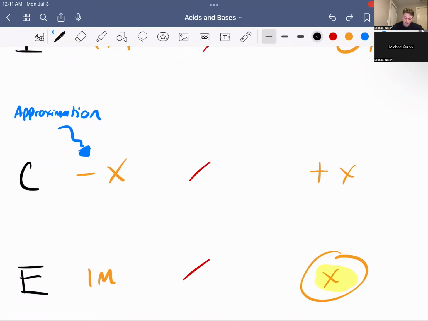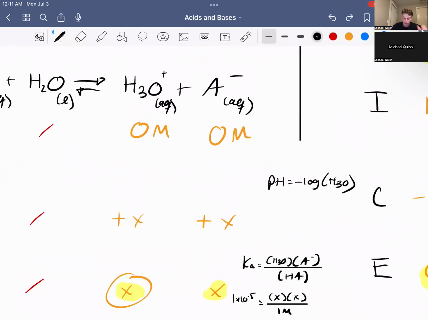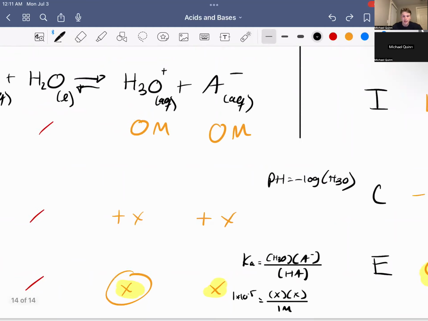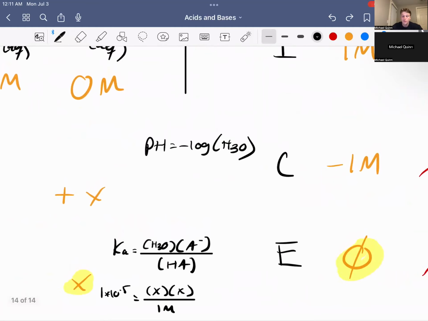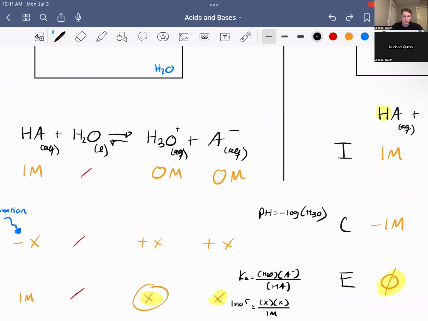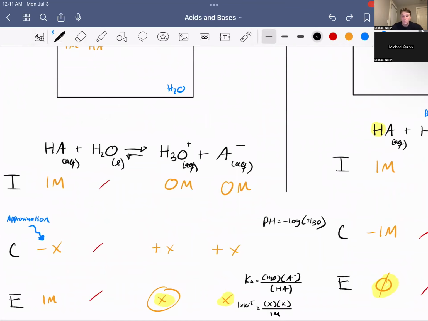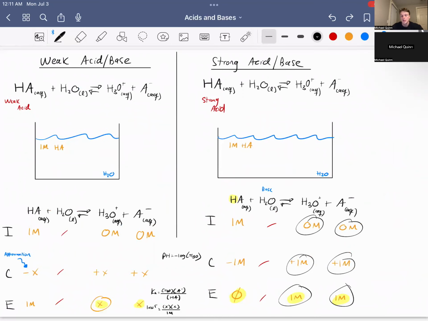When we round it up, it is still 1 molar. We can call this 0 plus x, 0 plus x. 0 plus x is simply x. Then we can set this equal to Ka to solve for any concentration we need at equilibrium. And if it were to ask for pH, it would be the negative log of H3O. So being able to use an ice table to solve acid-base problems is going to be very, very important, and something that you can use along the way using these steps.